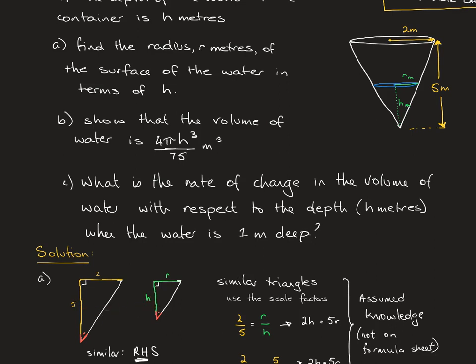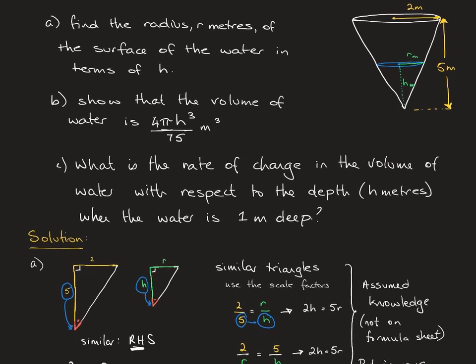So you must match up the sides. This is the adjacent side to this angle, so that will match with the h. Okay, I hope that makes sense. So these must be in the same positions in our fractions. So from here, if we cross multiply, multiply both sides by 5, multiply both sides by h, we get 2h is equal to 5r.